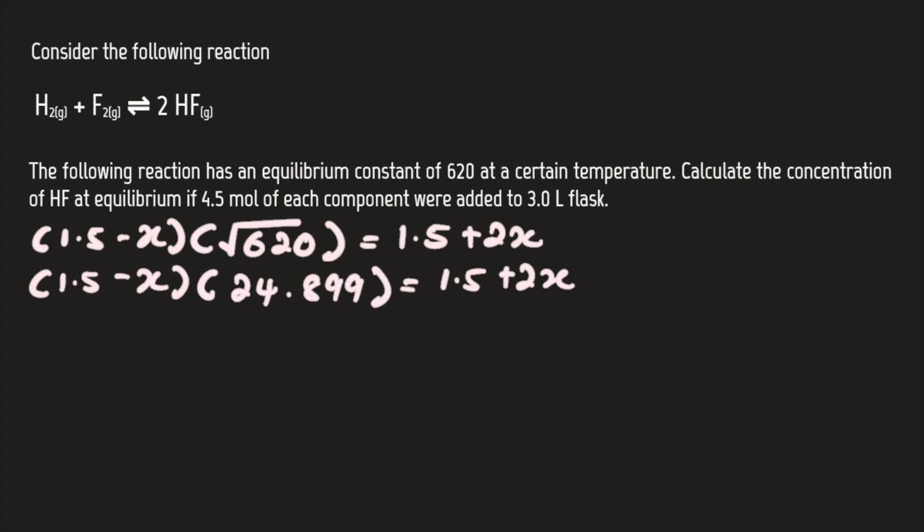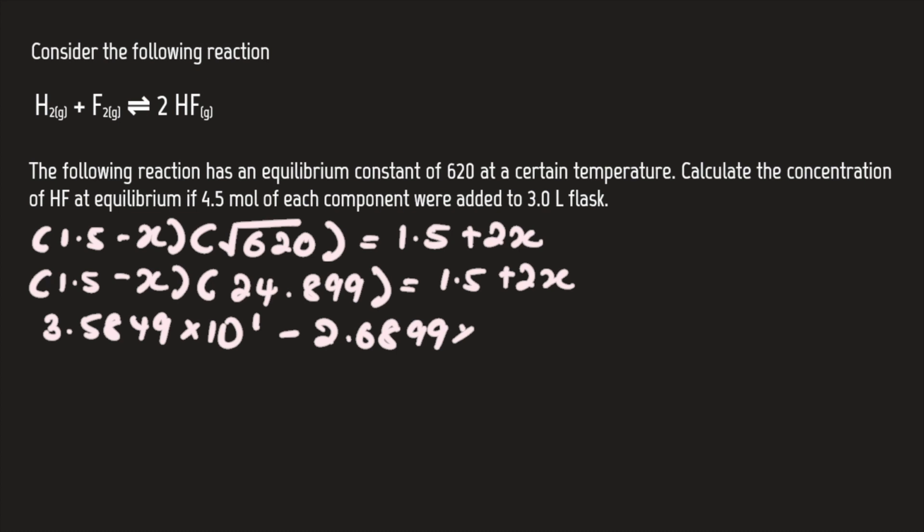You will get 3.5849 times 10 to the power of 1 minus 2.6899 times 10 to the power of 1 x is equivalent to 0.